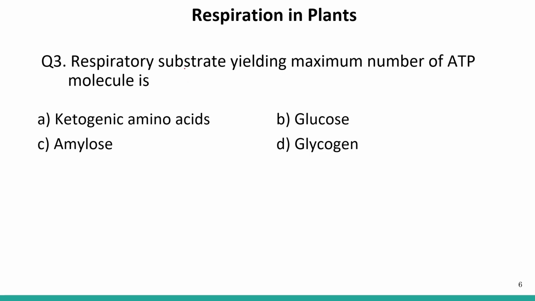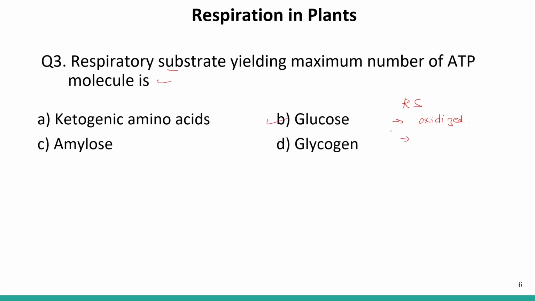The next question is: the respiratory substrate yielding the maximum number of ATP molecules is... So let's talk about respiratory substrates. What are respiratory substrates? Any organic molecule which can be oxidized is known as a respiratory substrate.